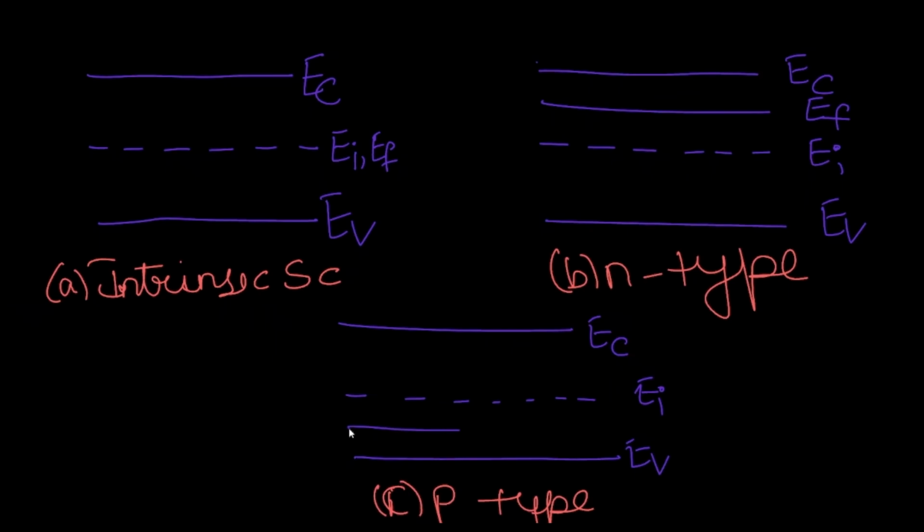So here we will have the Fermi level close to the valence band, because the conduction is taking place in the valence band itself. There are a lot of holes in the valence band, and these holes are responsible for movement of electrons in the valence band. So that's why we can say that the Fermi level is close to the valence band in P-type material, and the Fermi level is close to the conduction band in N-type material.